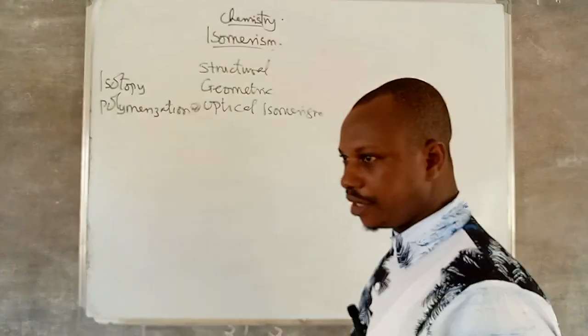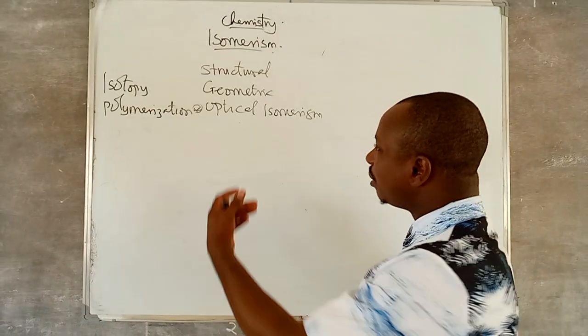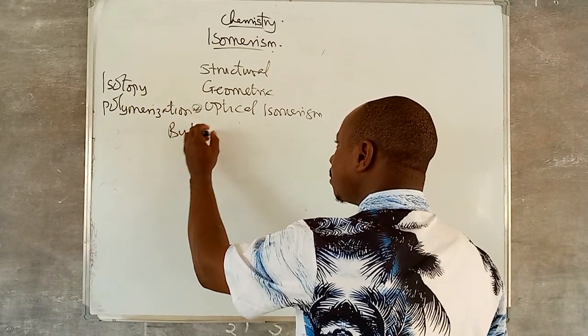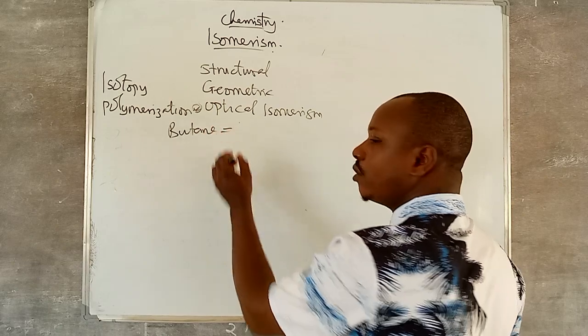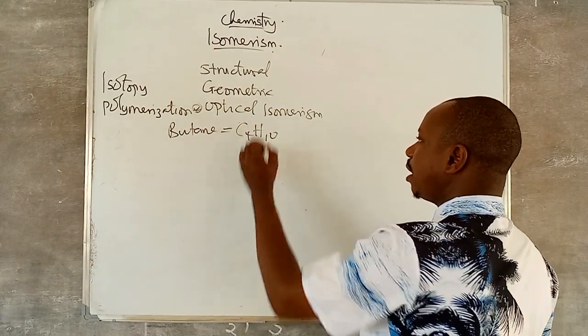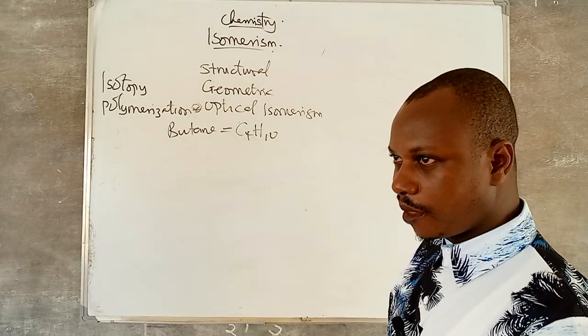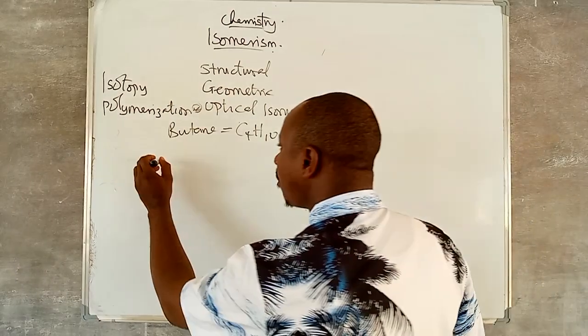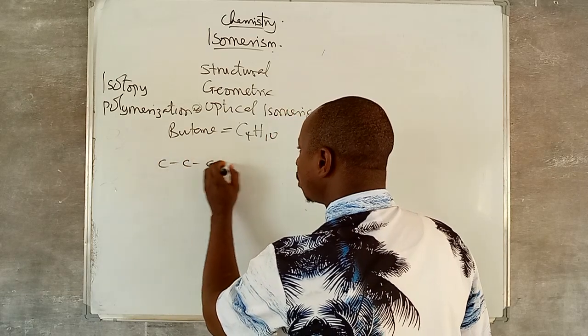Structural isomerism is just like we have butane. Everyone here knows that butane is C4H10. That is the molecular formula. So butane has two isomers. That is normal butane, 1, 2, 3, 4.